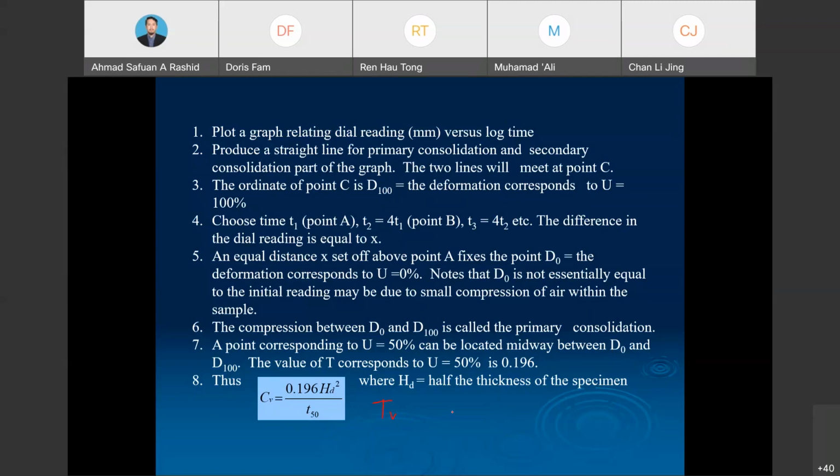For example, if we are using a porous stone, saya tulis dah PS, on the top and on the bottom of the sample, so it behaves as a double drainage system. Maknanya air boleh naik ke atas, air boleh turun ke bawah. So if it is a double drainage system, this HD should be divided with 2.